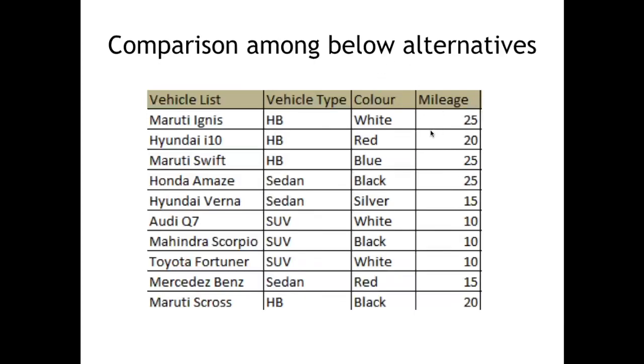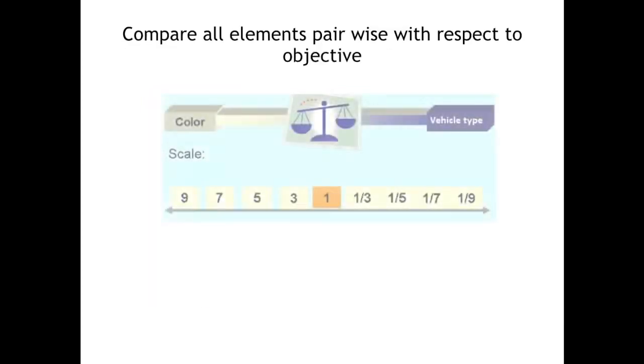And we have to assign priorities or weights to each of them. So let's do the comparison of vehicle type with color. Let's say that vehicle type is as important as color for our present problem. So we assign this the weight of 1. If color was of utmost importance, then we would have assigned it a weight of 9.